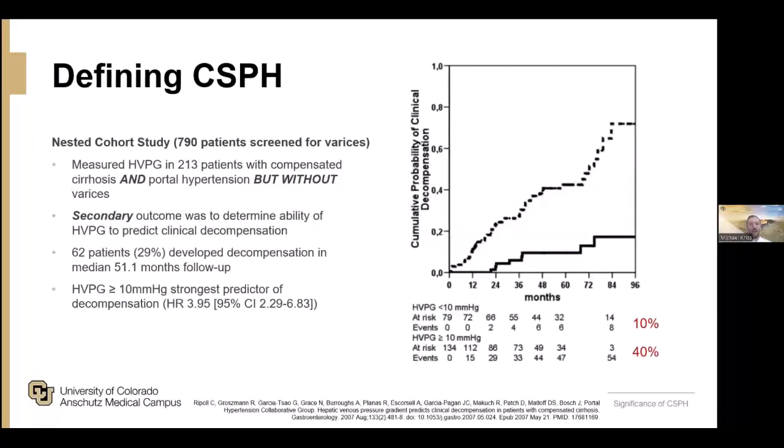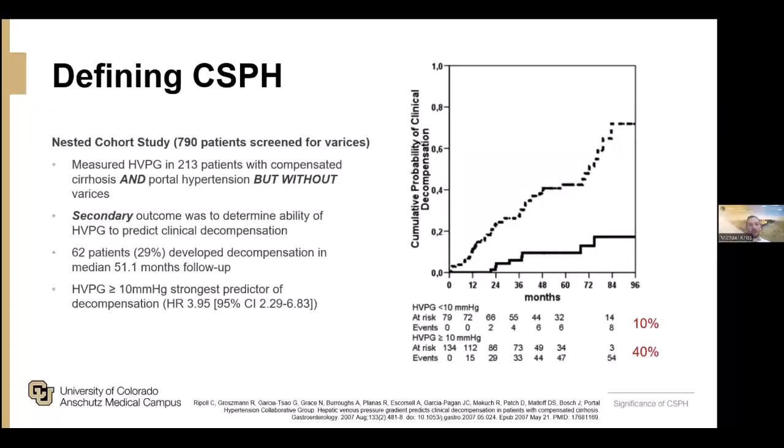So how did we get here? How did 10 become the number? This happened in 2007 with a publication that was a nested cohort study. They took an initial study that included almost 800 patients who were screened for varices and had HVPG measurements.